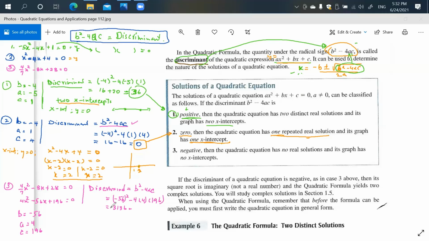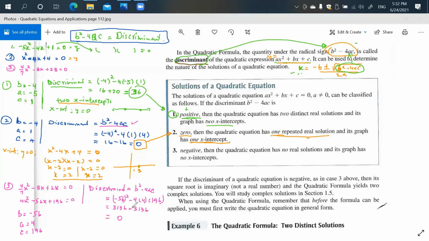You can do the calculation, use your calculator. So 4 times 4 times 196 comes out 3136. Oh, this one's the same again. So this one becomes 0.